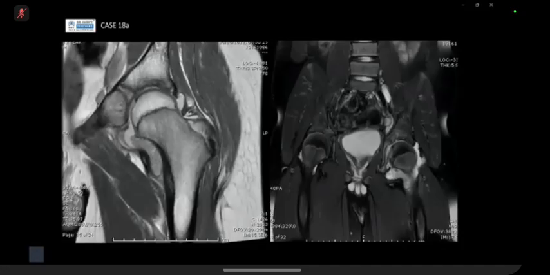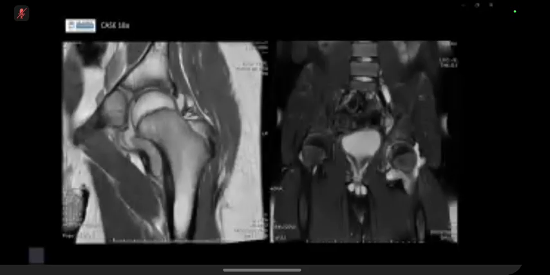Right. Another case. Okay, this is an MRI, T1 and T2 fat sat for the left hip, showing a joint effusion at the left side, surrounding the left femur.